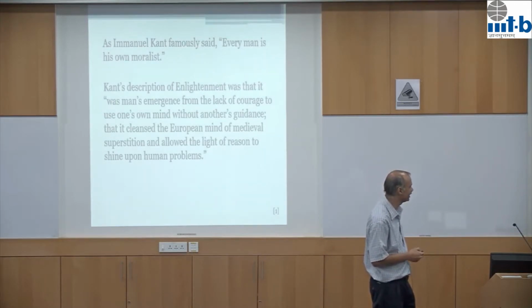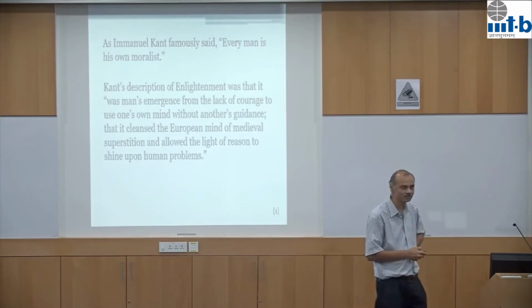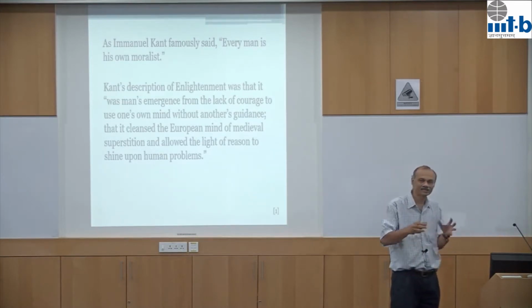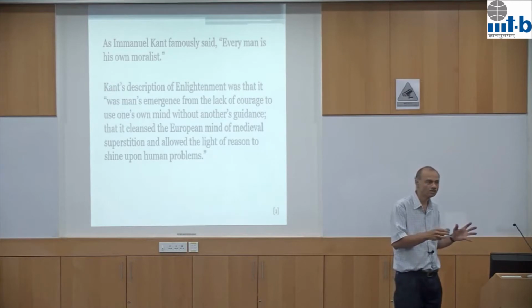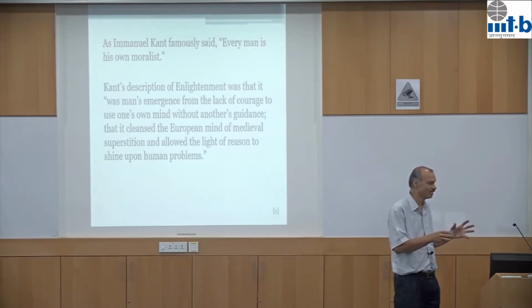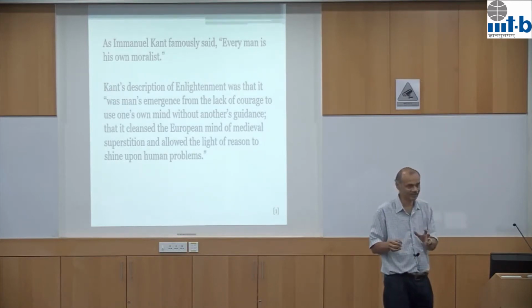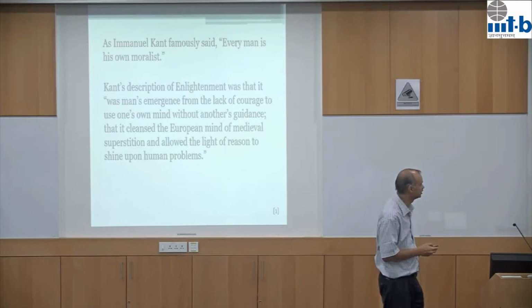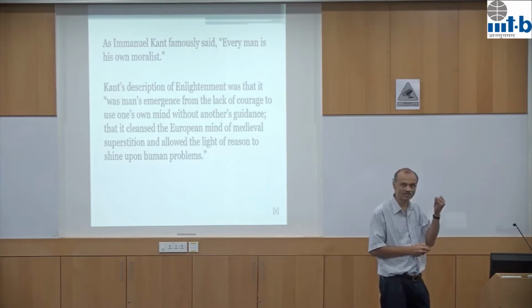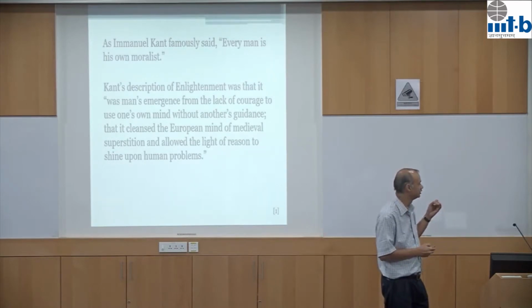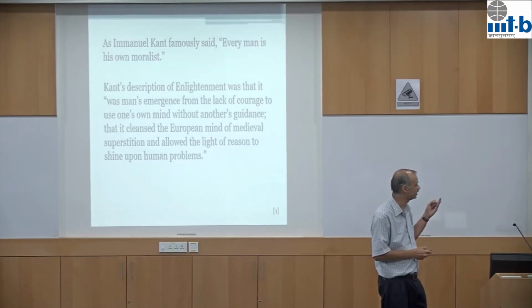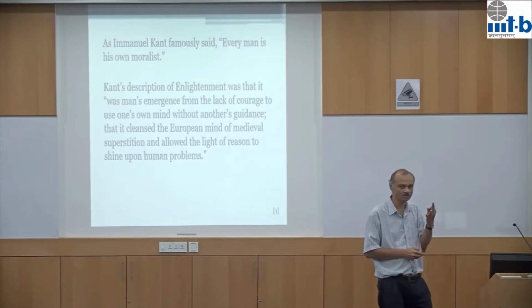In this one statement, it encapsulates the paradigm shift from what human values were before and after. So, use one's own mind without another's guidance, cleanse from medieval superstition and allow the light of reason to shine.